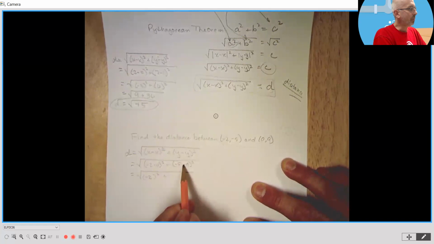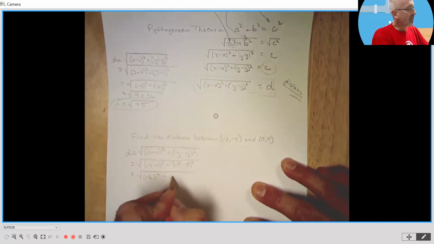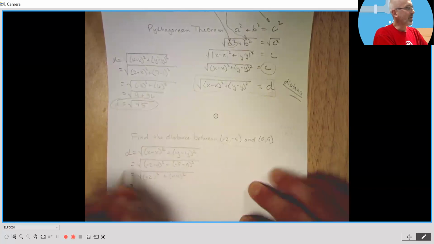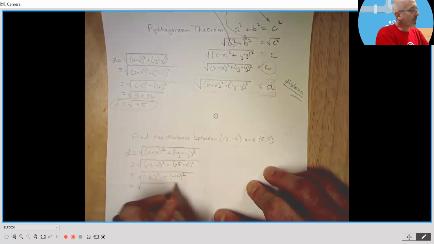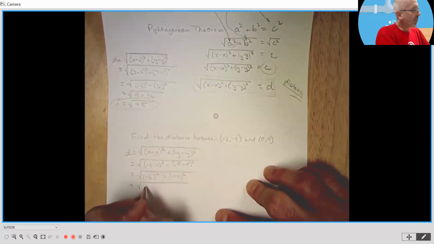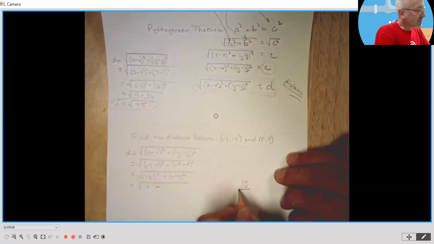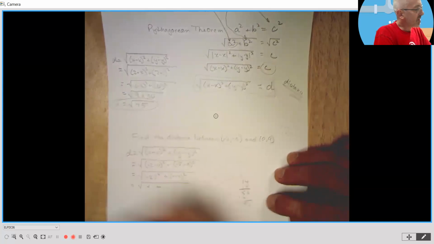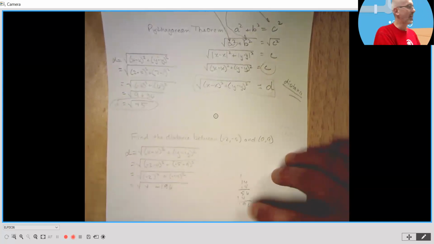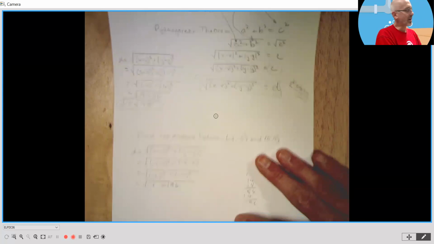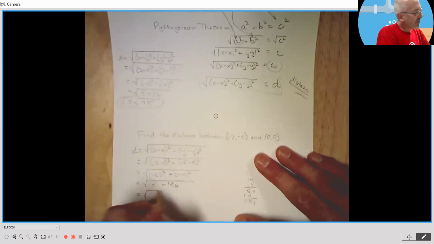Negative 5 minus 9 is negative 14. Here we get the square root of 4 plus, I should have done 14 squared, I will do that, 196. And now we will do this square root of 200.